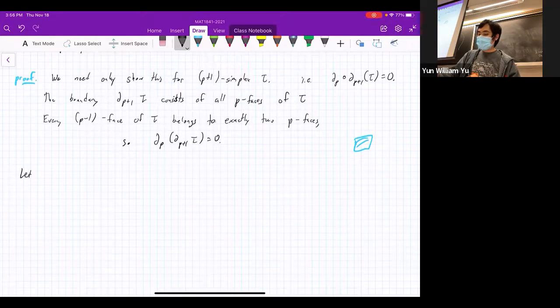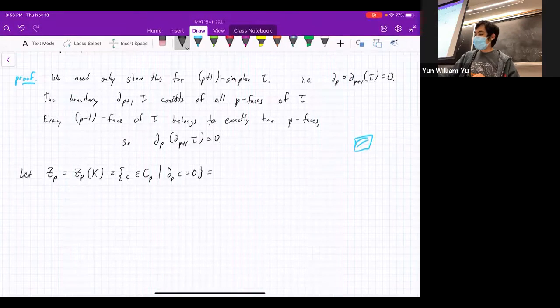So let ZP be ZP of K, which is the set of P cycles such that dP of C is equal to 0, which is also the kernel of dP, the subgroup of P cycles.